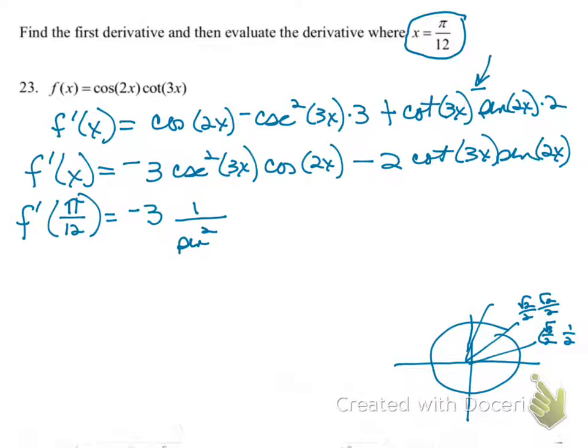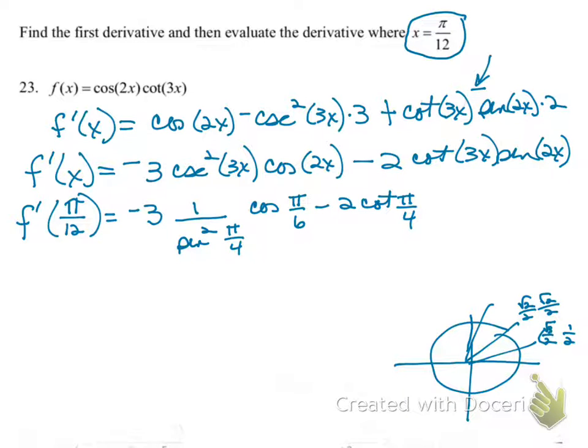If we put in a pi over 12, 3 times pi over 12 is pi over 4. So I have that. Then the next one times cosine, 2 times pi over 12 is pi over 6. So that has an angle now. Minus 2 times cotan, 3 times pi over 12 is pi over 4.